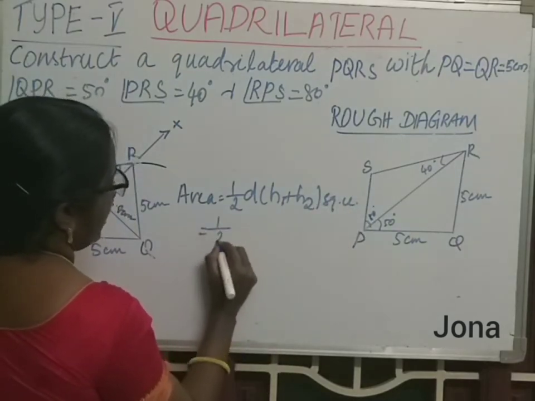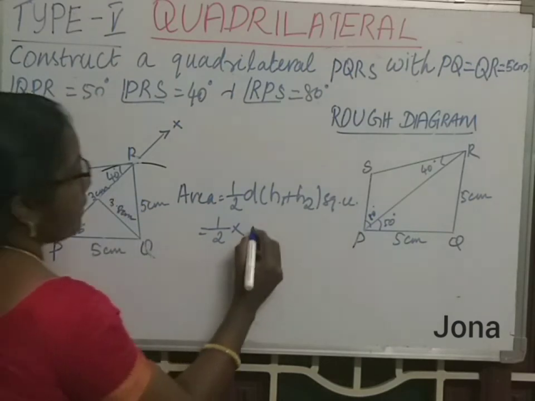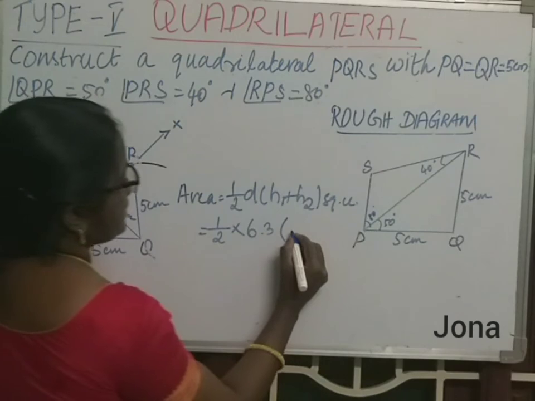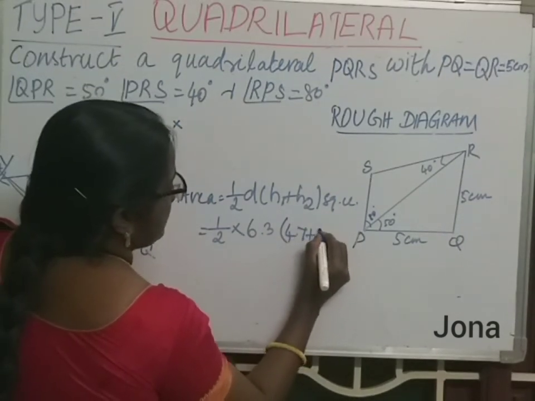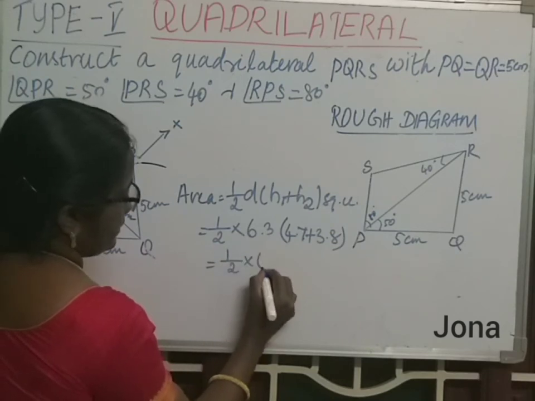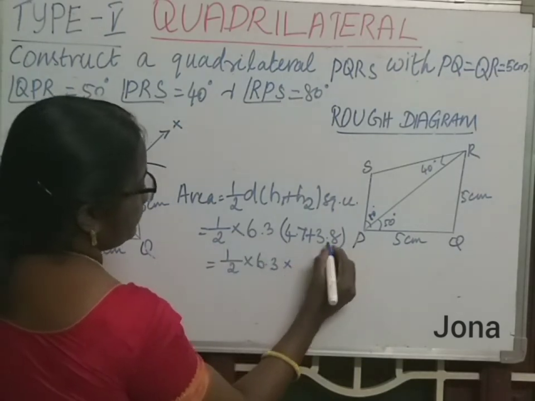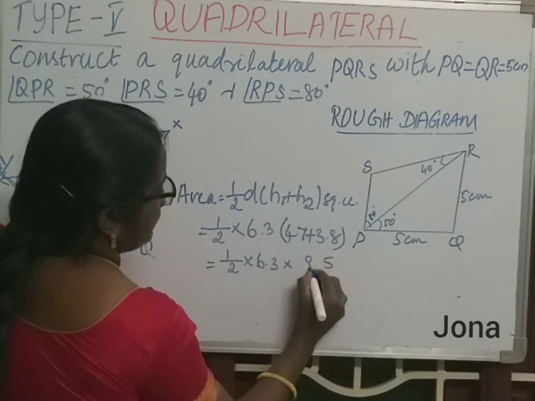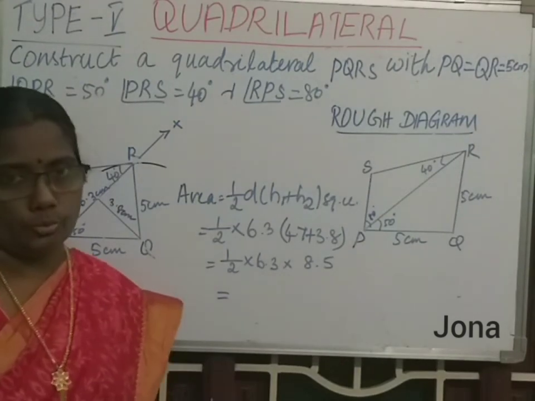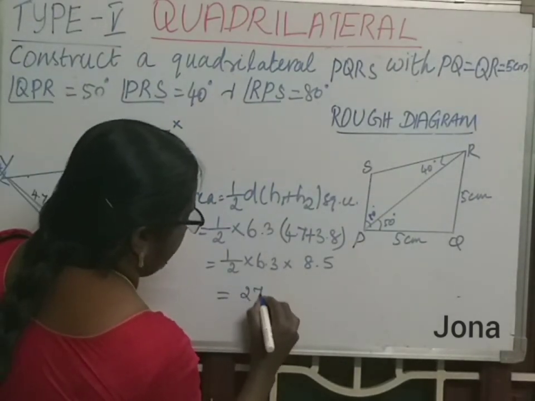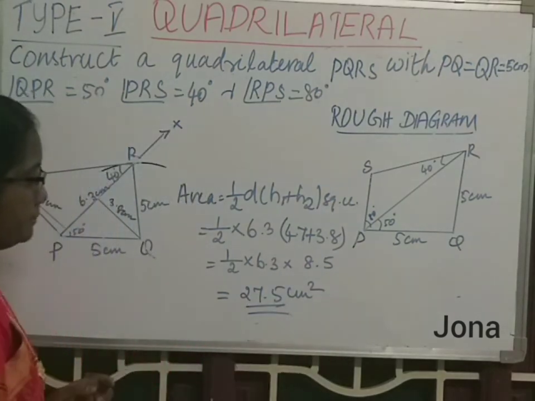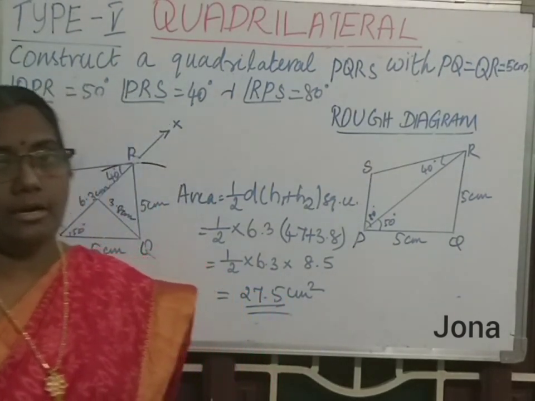So it is equal to half into D is 6.3 centimeter into H1 is 4.7 plus 3.8, equal to 1 by 2 into 6.3 into 8.5. So multiply these two and divide by 2. This is 27.5 centimeter square. So this is the required area. Okay.